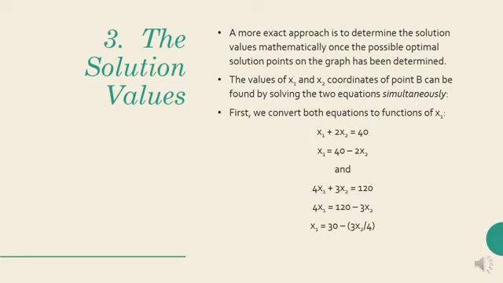A more exact approach is to determine the solution values mathematically once the possible optimal solution points on the graph has been determined. The values of x1 and x2 coordinates of point B can be found by solving the two equations simultaneously. Okay, so i-convert muna natin yung both equations o yung both constraints to functions of x1.